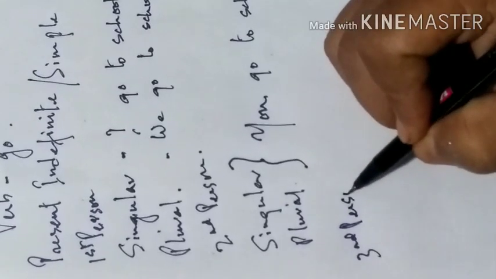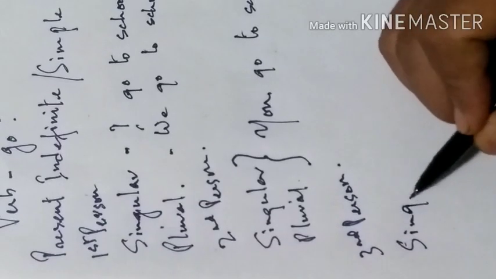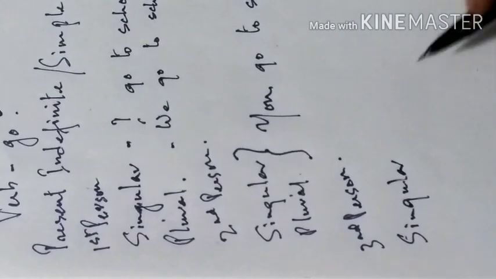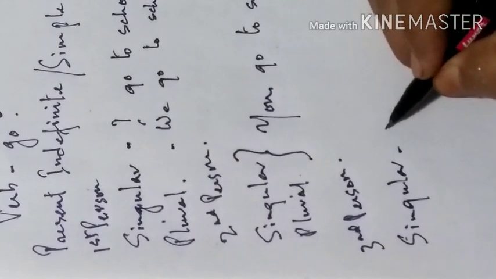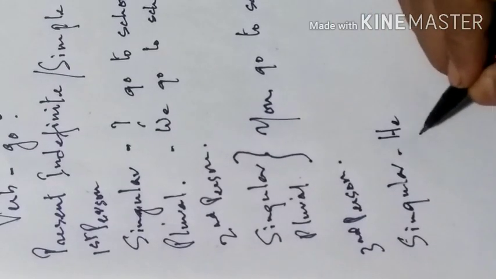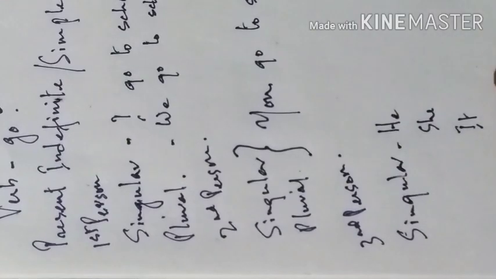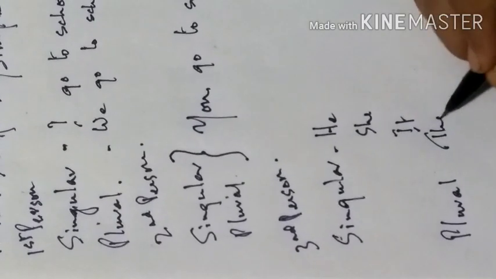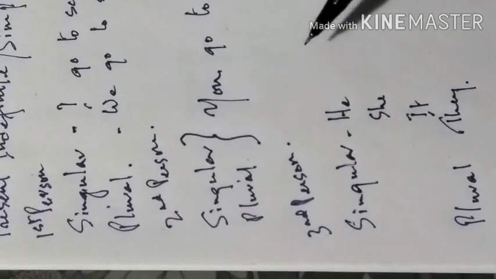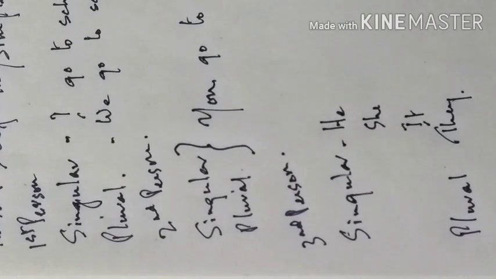Then in the third person, singular, we have he, she, and it. And in the plural, we have they. So here, this is the important part of making sentences with verbs in the present indefinite.